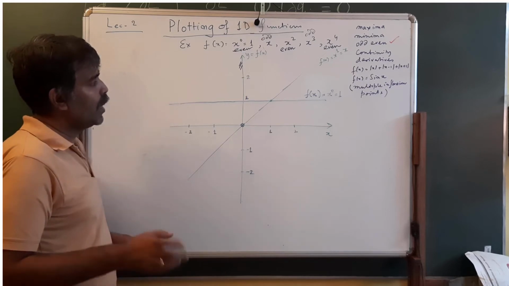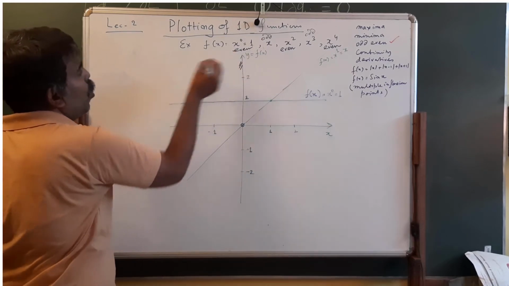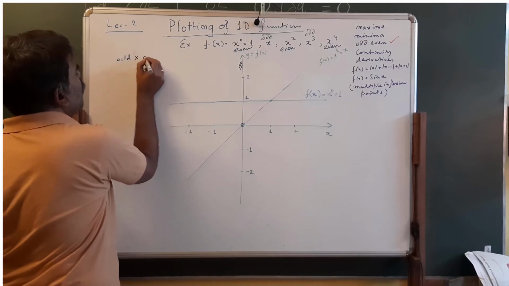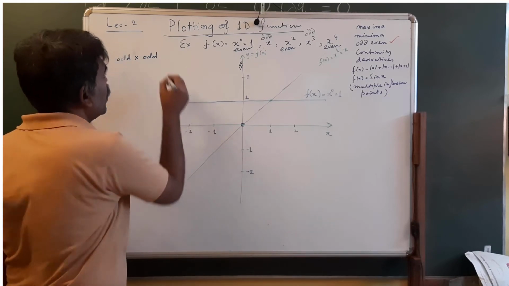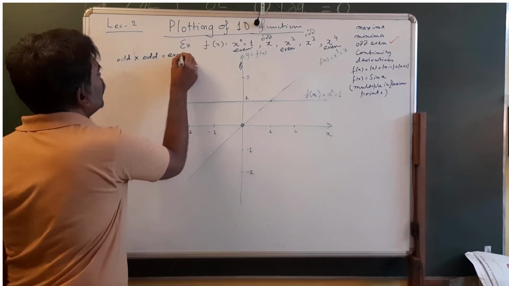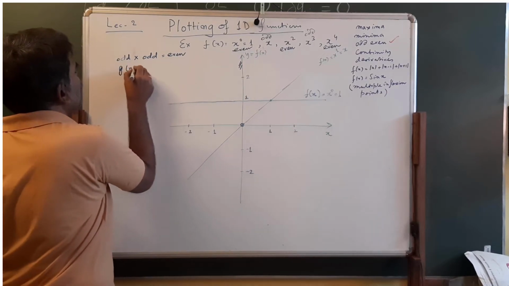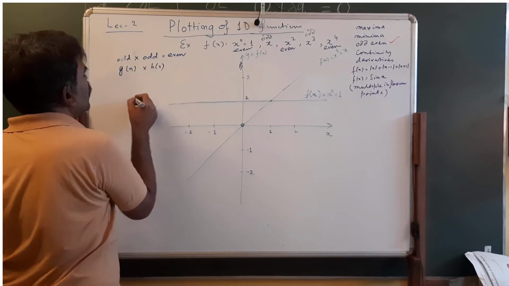Just a little digression, I tell you one thing. Suppose a function is odd, and you multiply it with another odd function. The resultant is an even function. You can test it. Suppose this one is g(x) and this one is h(x), both odd.